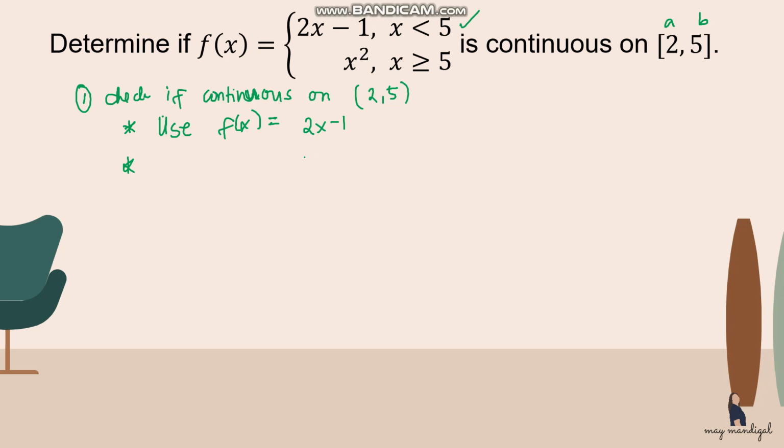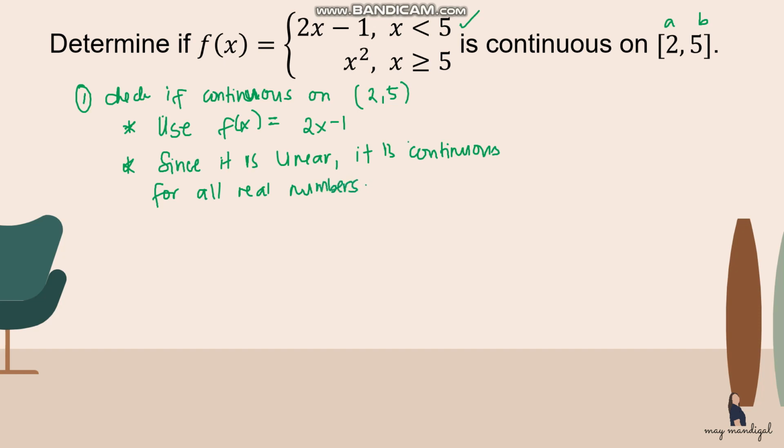So that means it will be continuous for any number. So we can write here, since it is linear, it is continuous for all real numbers.